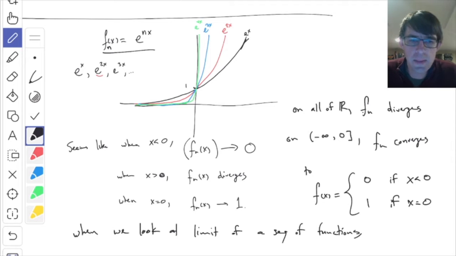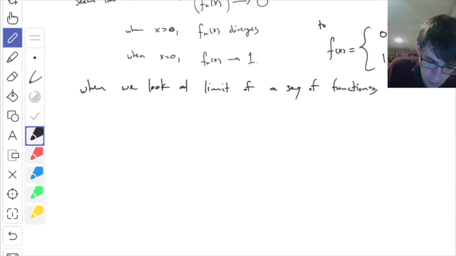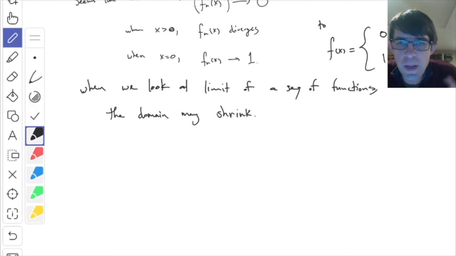So when we look at a limit of a sequence of functions, the domain may change, and in fact, it might shrink. Like the domain now, and once I take the limit, the domain became smaller than just all real numbers. Now it's only the left side, right? The negatives or 0. The domain may shrink.